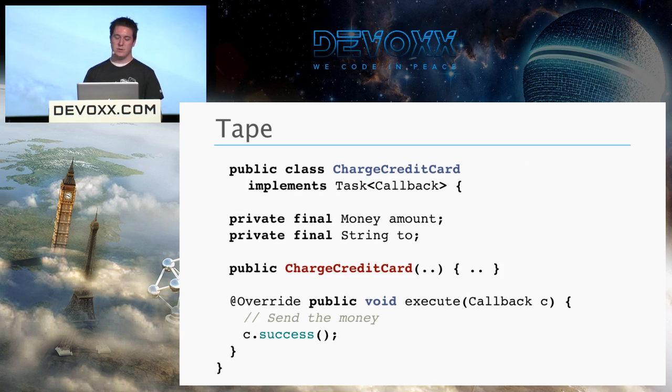So what you can do using Tape is change this so that it implements a task, which is a Tape class. And then with that, you get a callback that you would provide. So rather than just running, this execute method takes that callback, and when that task has completed, you call a success method.